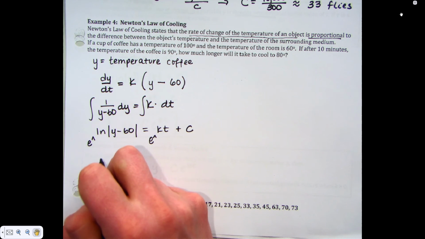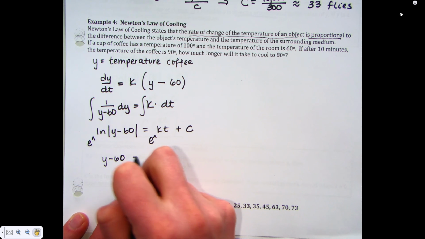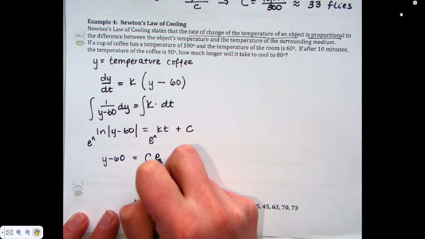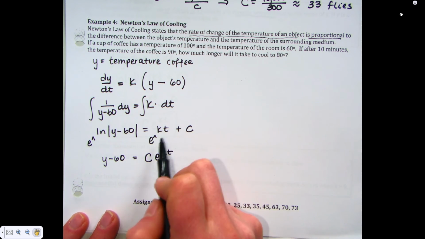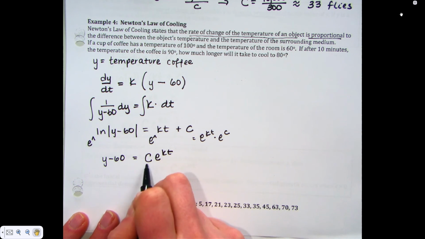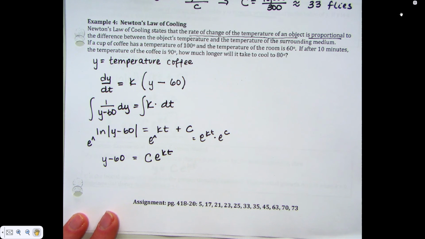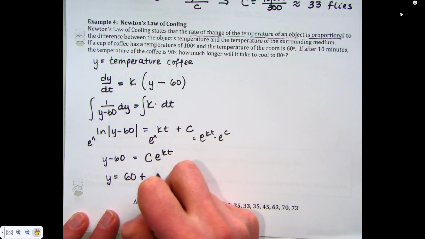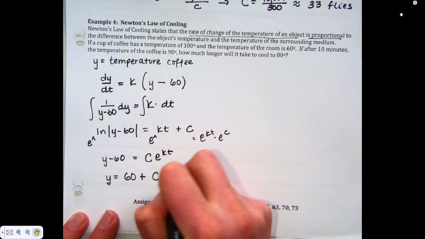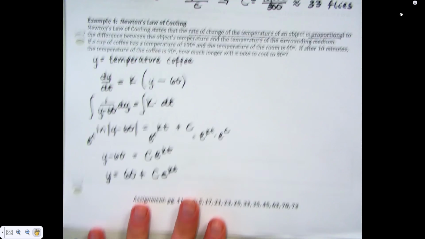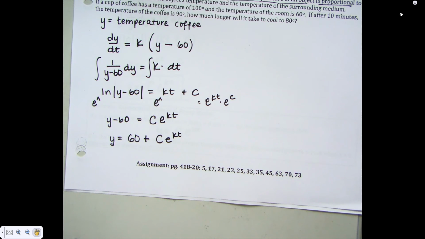So that would give me y minus 60 is equal to, let's see, c times e to the kt. Recall that this would be e to the kt times e to the c, and that's why my c becomes that multiplier. So the temperature of my coffee would be 60 plus, and then the relationship is still exponential, but it's slightly altered from that original exponential growth and decay model.